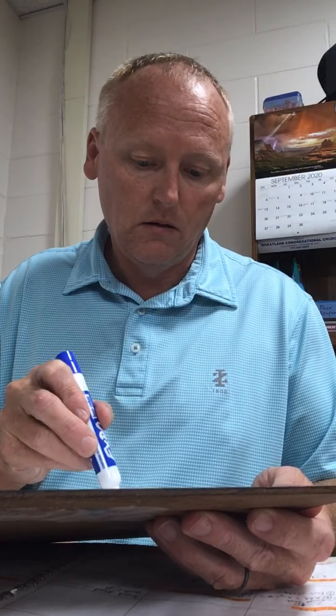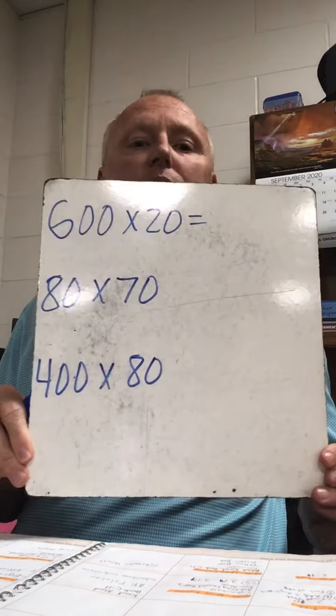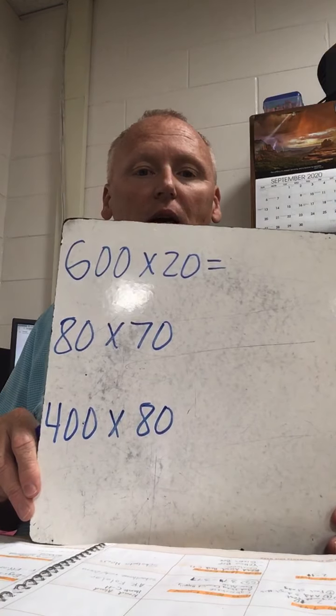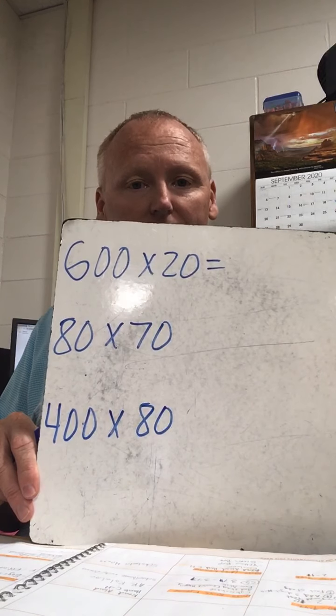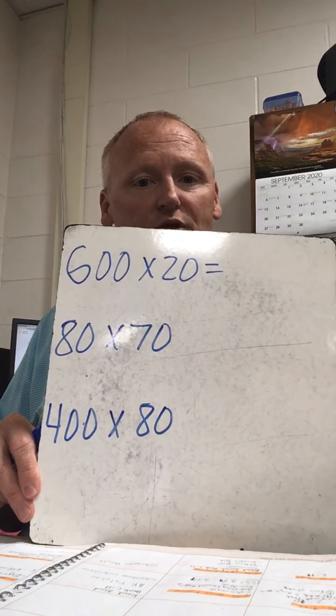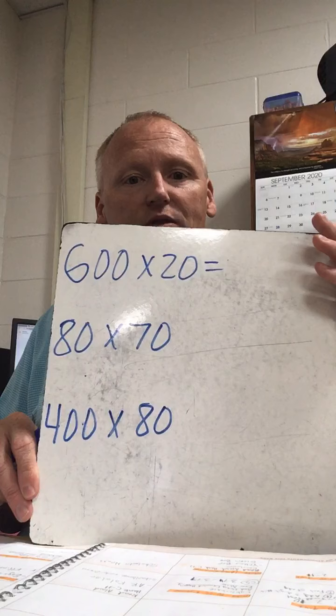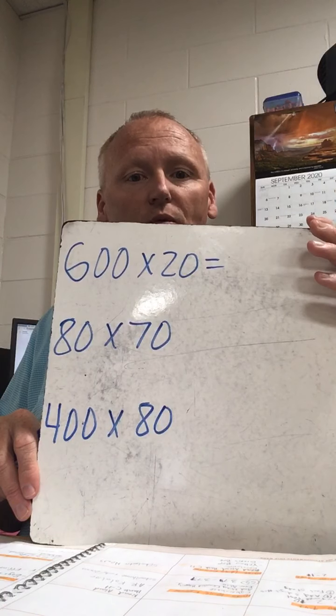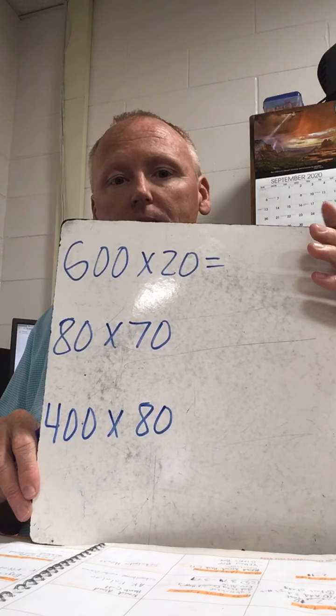And let's do 400 times 80. Okay, so these are the 3 problems. Go ahead and write them down. I want you to go ahead and use the method. Do your basic fact first, count your zeros, and then you have your final answer. So go ahead and pause, do your work, and then come back.